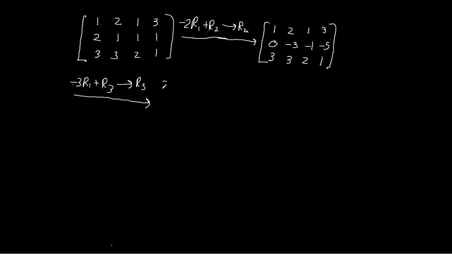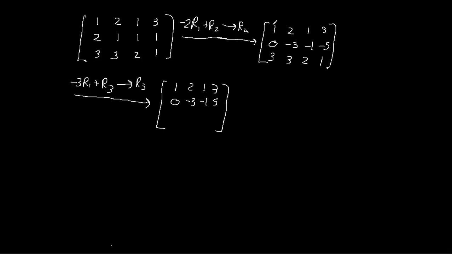So let's go ahead and draw this out. All right, 1, 2, 1, 3, right? We're not changing the first row. 0, -3, -1, -5, right? We're not changing the second row anymore. And our third row is going to be -3 times row 1 plus row 3.